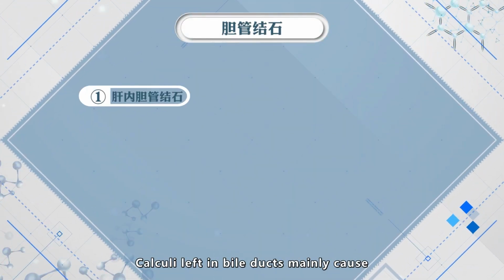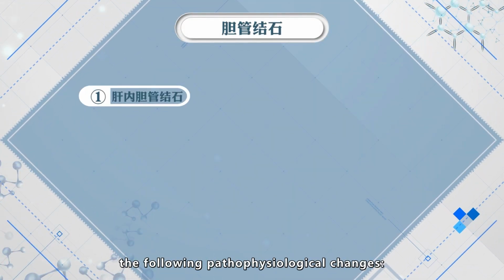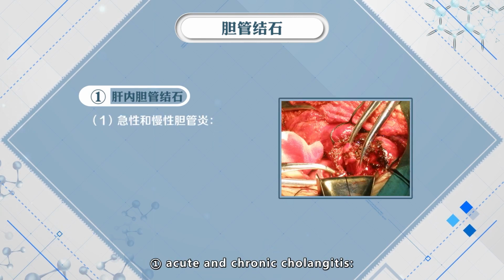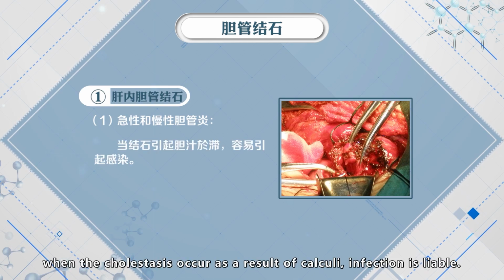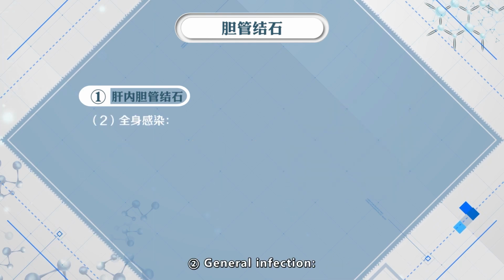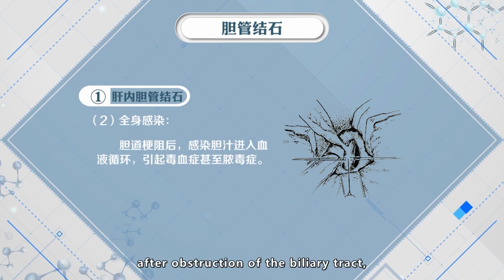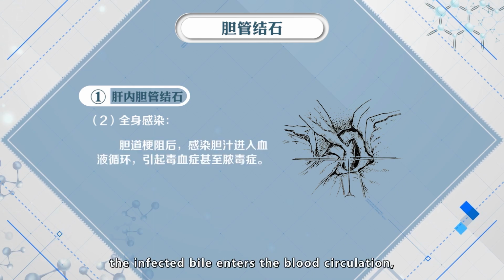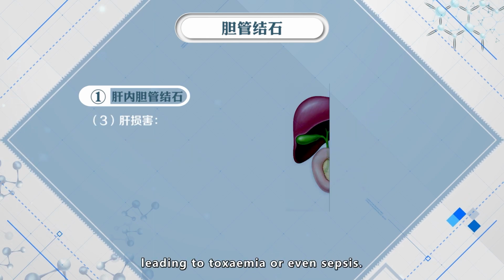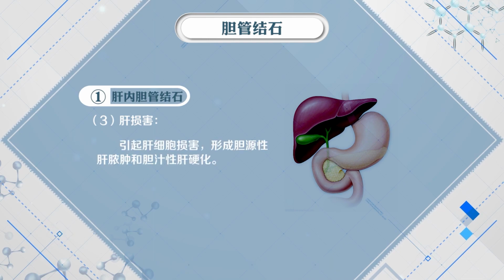Calculi left in bile ducts mainly cause the following pathophysiological changes: acute and chronic cholangitis. When cholestasis occurs as a result of calculi, infection is liable. General infection: after obstruction of the biliary tract, the infected bile enters the blood circulation, leading to toxemia or even sepsis.